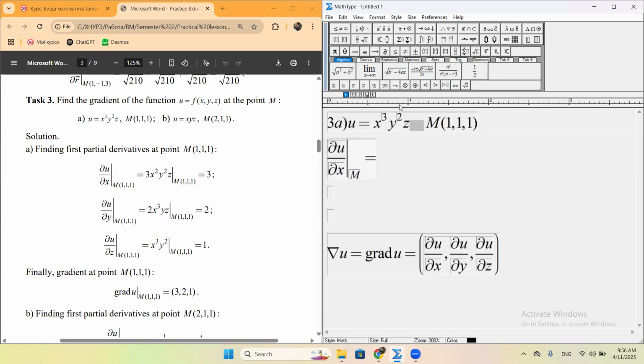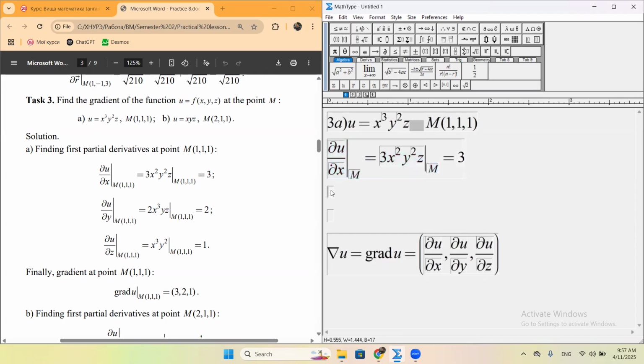So the first partial derivative is 3x cubed y cubed z, and at point M it will be equal to 3.